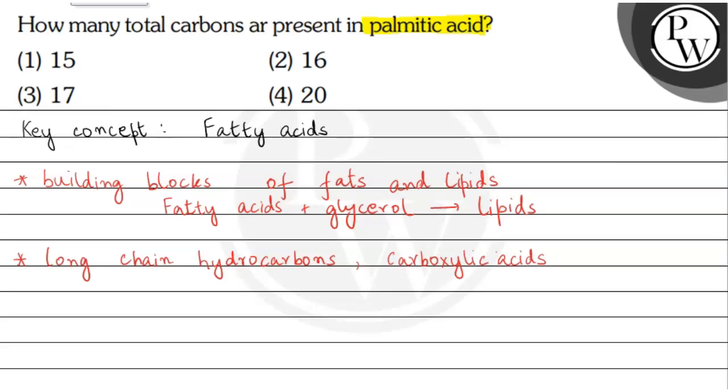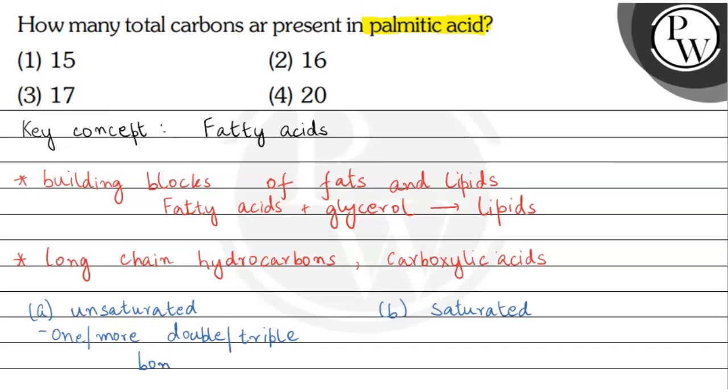Now these fatty acids can either be unsaturated fatty acids, or they can be saturated fatty acids. Unsaturated fatty acids have one or more double or triple bonds present in the hydrocarbon chain.